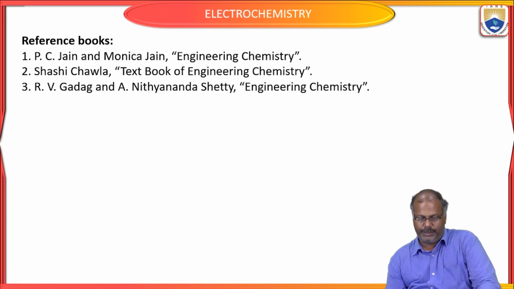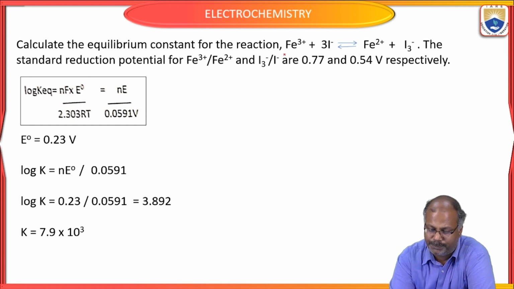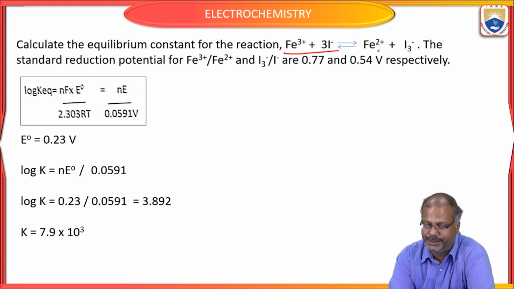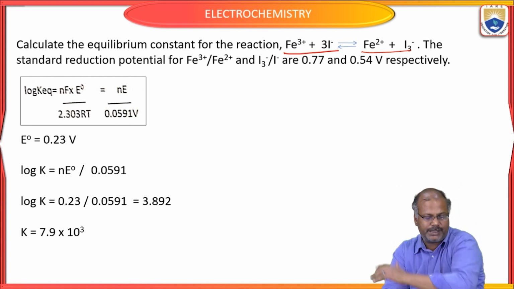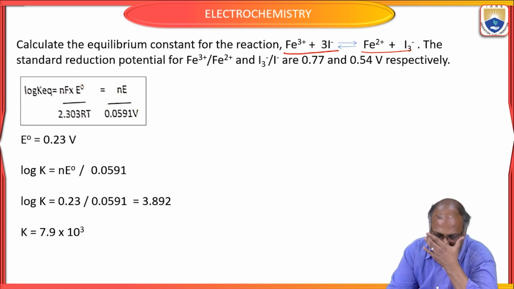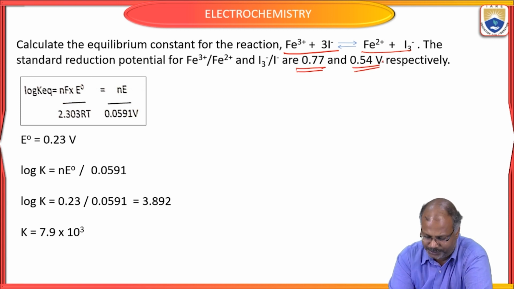Calculate the equilibrium constant for the reaction Fe3 plus plus 3 iodide gives Fe2 plus plus I3 minus. The standard reduction potentials for Fe3 plus and I3 minus are given. Both are positive, but still this one is more positive, so it will undergo reduction.